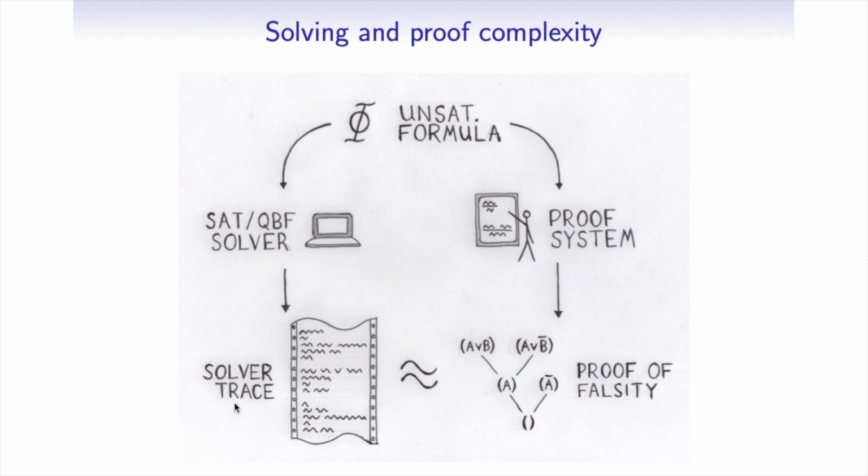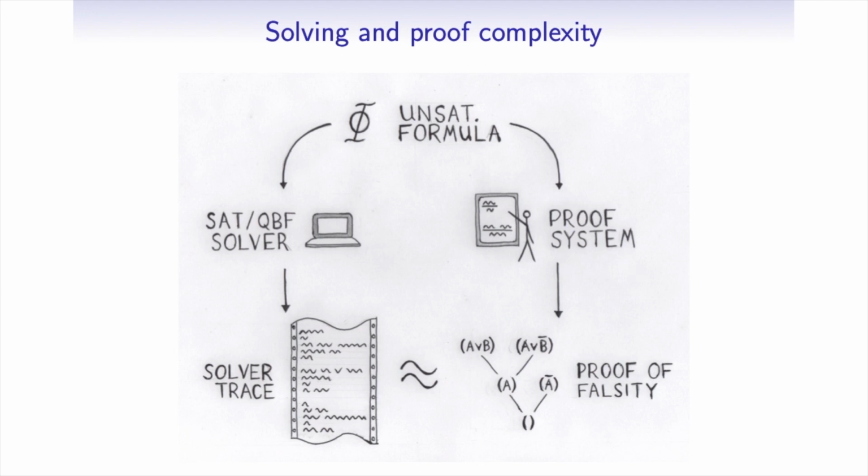Your solver is going to output some trace and eventually deduce that the formula is unsatisfiable. Now actually this trace can be interpreted as a proof. Right? It's a proof of falsity or unsatisfiability. And, well, this is a proof in some proof system. Now, for example, if this is a SAT solver, this proof system is probably resolution or some variant of resolution.